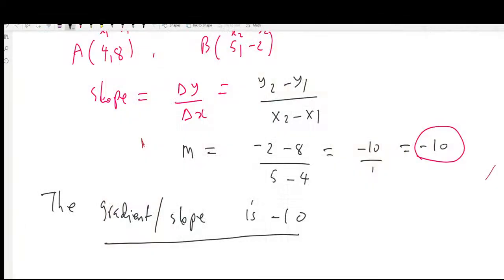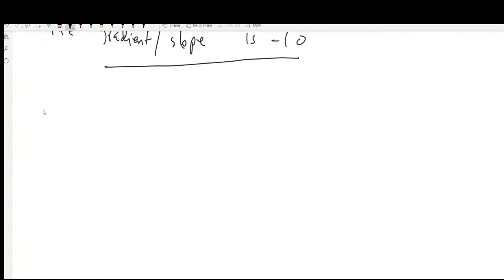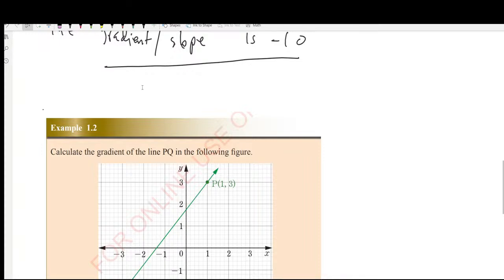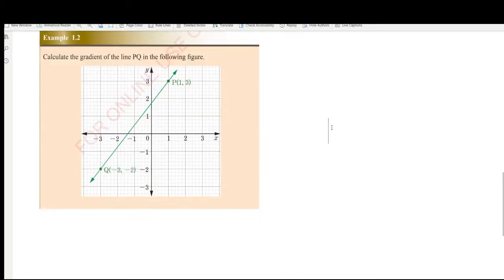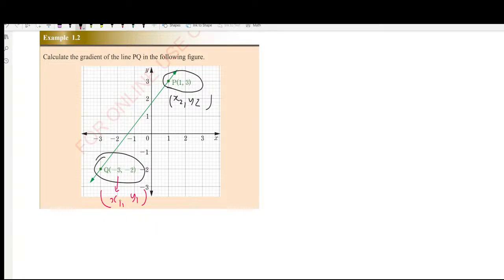The gradient of line PQ, dear students, you'll be coming to our notebook here, and from here we can see that we have point P, which is 1,3, and point Q, which is -3, -2. So you can consider this to be x2, y2, and you can consider this one here to be x1, y1.